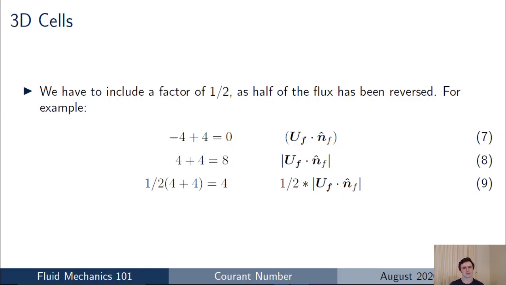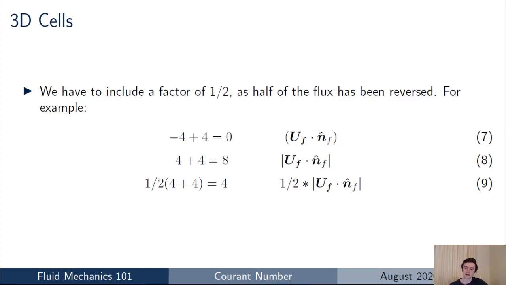And this may not work out in your mind straight away, and so I've come up with a really simple and easy way you can use to think about this, and this is the way I had to use to work it out. So let's just say that our face volume flux contribution from the left face was 4, for example, in equation 7, then we'd have -4 from one face and then +4 from the other face for the volume flux contribution, and of course that would sum to 0.